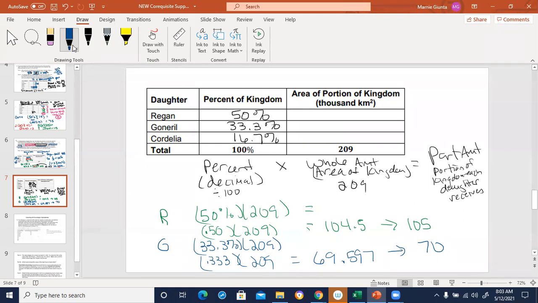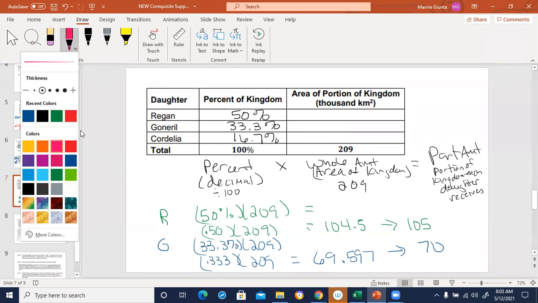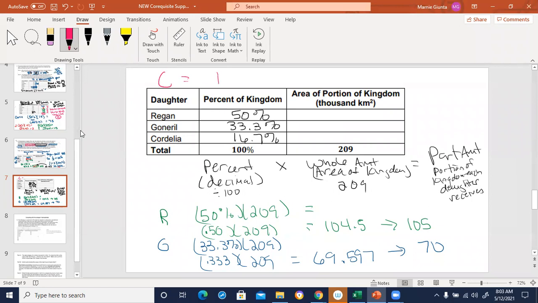And then I'm going to have Cordelia, percent times 209. So that's really 0.167.